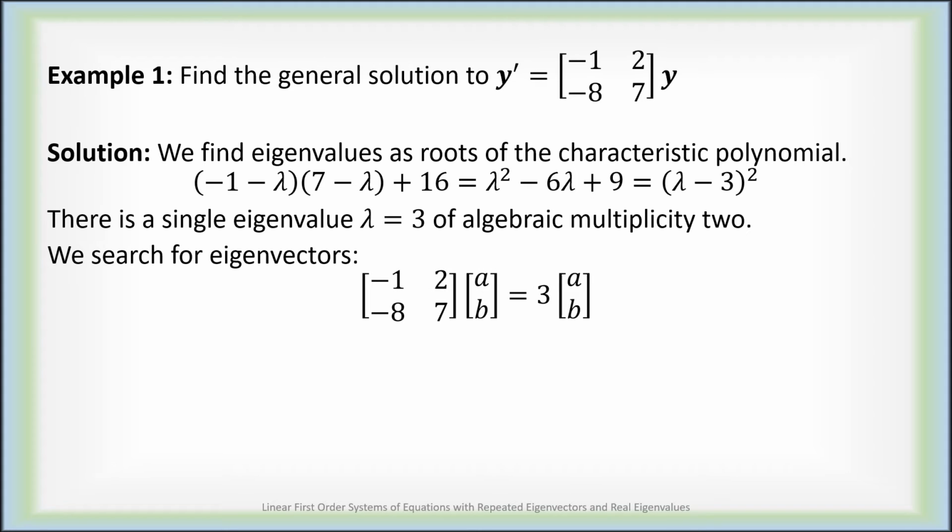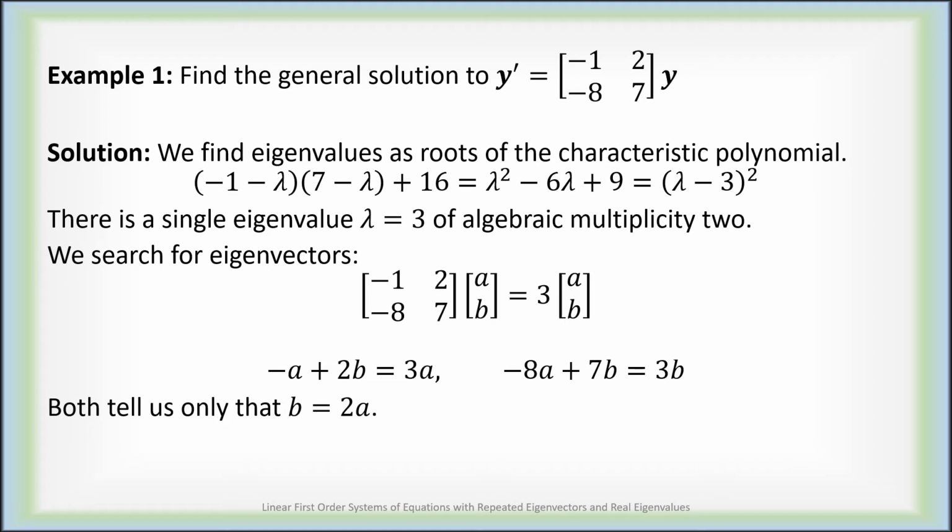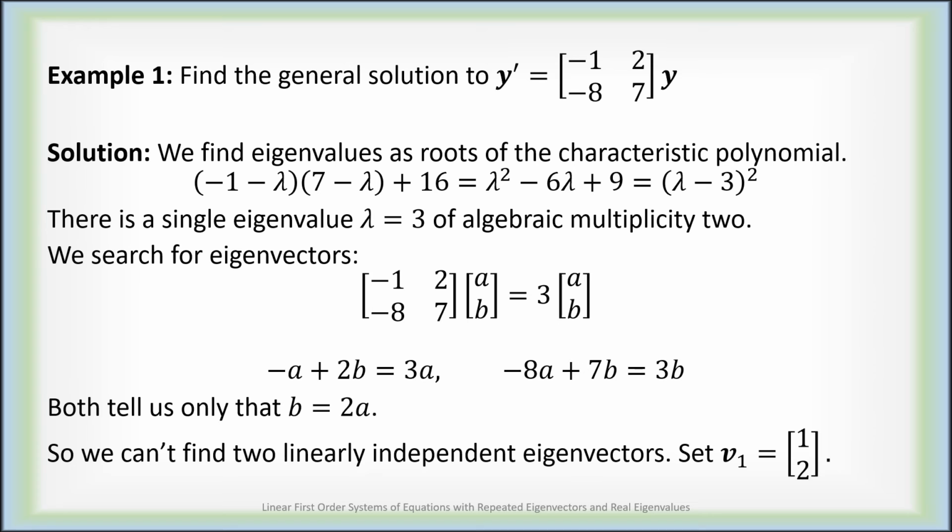But let's try. So we go ahead and set up the matrix times our unknown column (a, b) is 3 times the column. The first equation gives us negative a plus 2b equals 3a. The second gives us negative 8a plus 7b equals 3b. Both of them reduce to the same information: b is equal to 2a. So we can't possibly find two linearly independent eigenvectors. As soon as the value of a is fixed, the value of b is automatically fixed, and I can't let them both be 0.